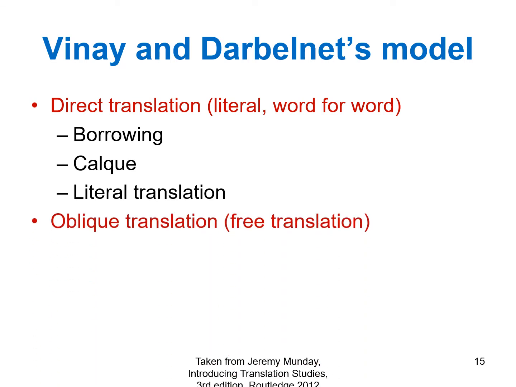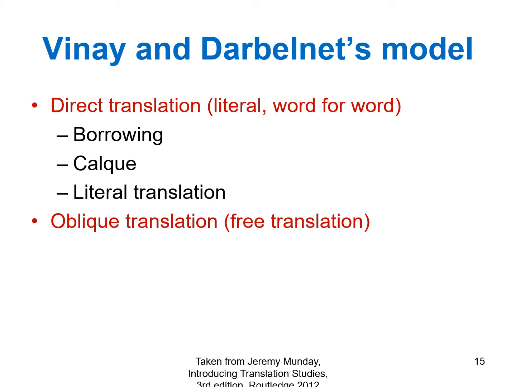If direct translation doesn't work, because languages are not as close to one another, or it is really difficult to come up with something intelligible or readable in the target language, basically if direct translation fails, we would move to what they call oblique translation, which would be closer to what we call free translation, but not Hurtado Albir's free translation.